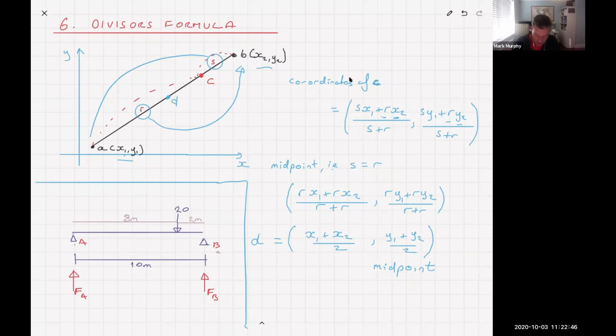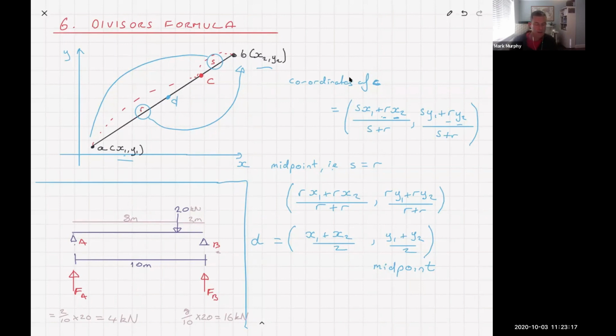So FB is 8 over 10 of the total load, multiplied by 20, equals 16 kilonewtons. That's just the force. Similarly, FA is 2 over 10 multiplied by 20. So he's going to carry 4 kilonewtons.